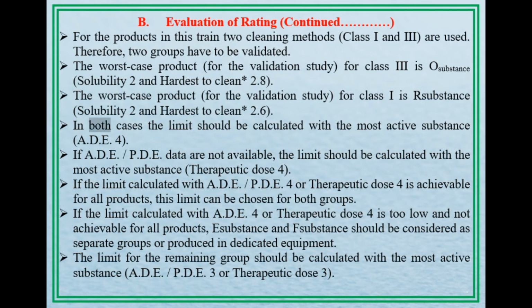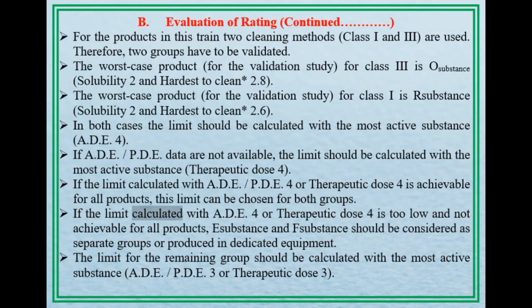In both cases, the limit should be calculated with the most active substance, ADE 4. If ADE, PD data are not available, the limit should be calculated with the most active substance, therapeutic dose 4. If the limit calculated with ADE, PD4 or therapeutic dose 4 is achievable for all products, this limit can be chosen for both groups.